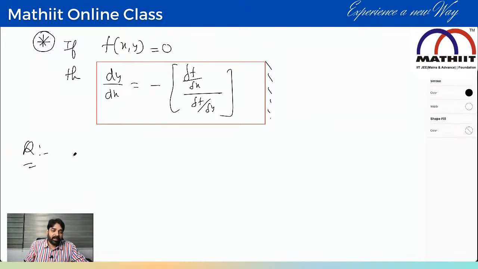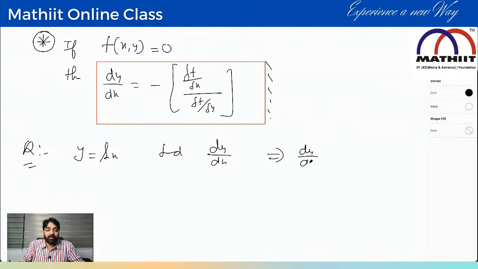Suppose somebody says y equals sin x, find dy by dx. You say, what is this question, sir? Very simple. Any chunnu munnu can tell dy by dx will be equal to cos x. Yes or no? But let's do it by partial derivative. Everything we can do by partial derivative. Very simple way.